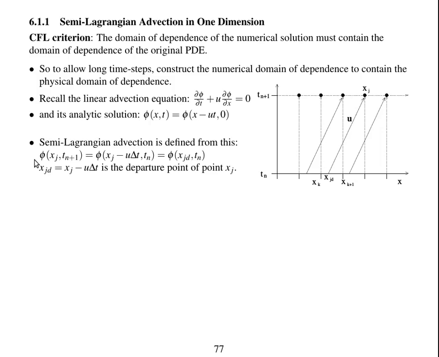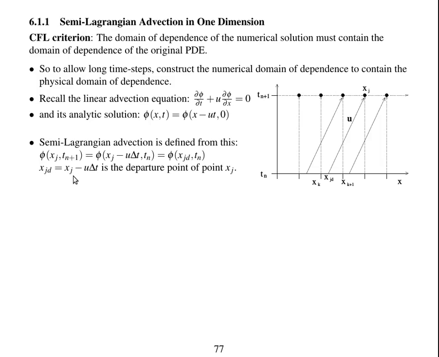So phi at position xj at time level n plus 1 must depend on phi at time level n, but at a different position, xj minus u delta t, from the analytical solution. We call this the departure point, xj minus u delta t, and we call it xjd.